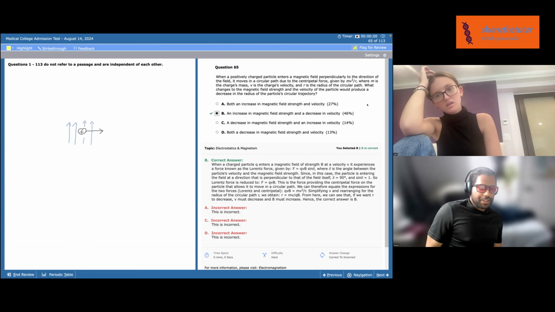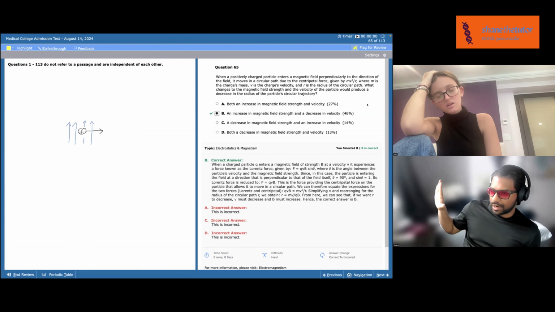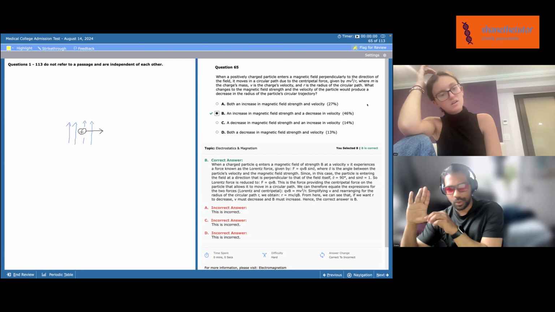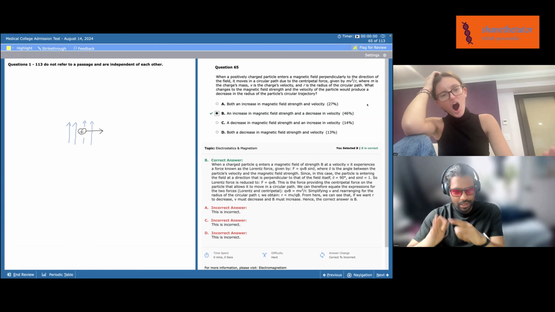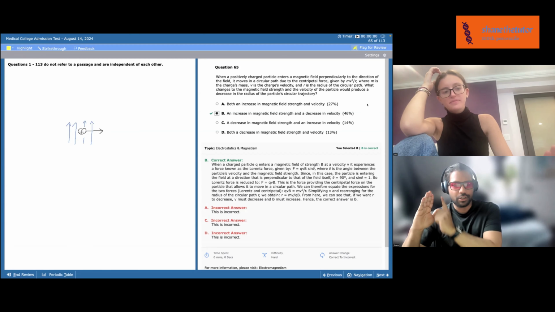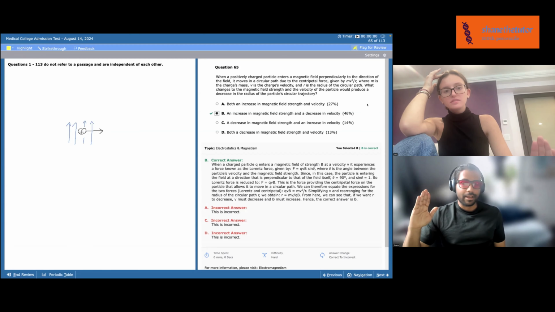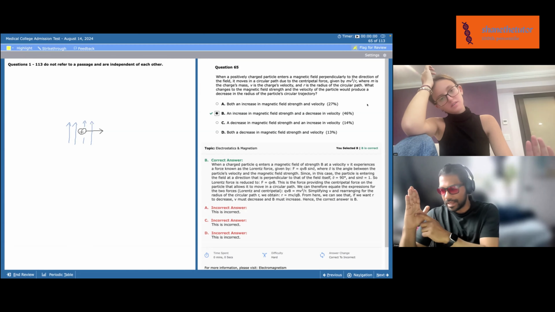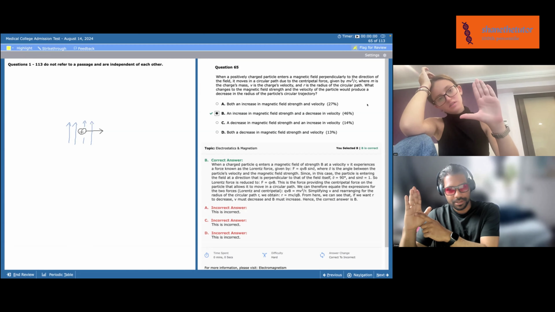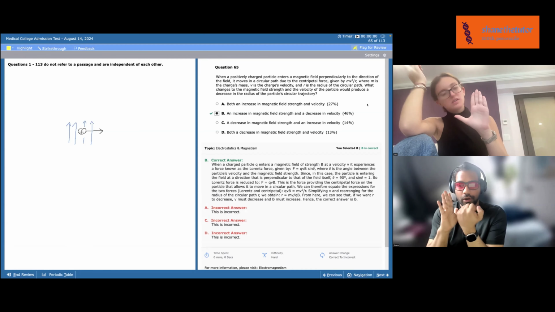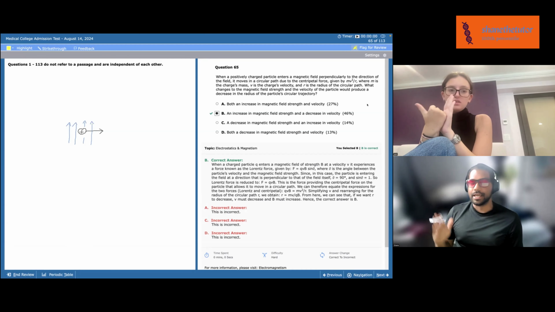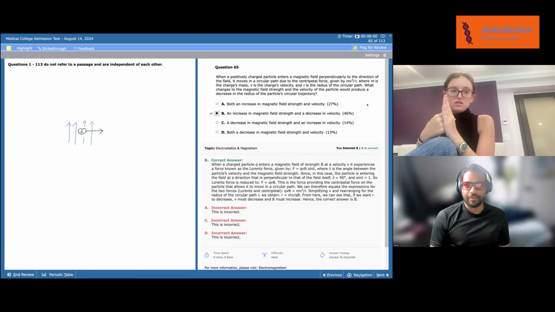Now, this is where the right hand rule comes in, where your thumb is going to be in the direction that the charge is traveling, and the rest of your fingers will be in the direction of the magnetic field. Where your palm is facing out is going to be the direction of the magnetic force.